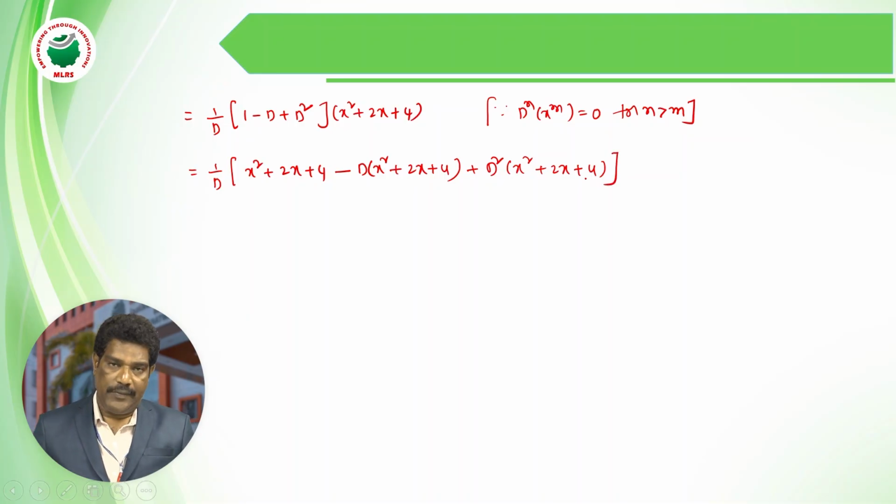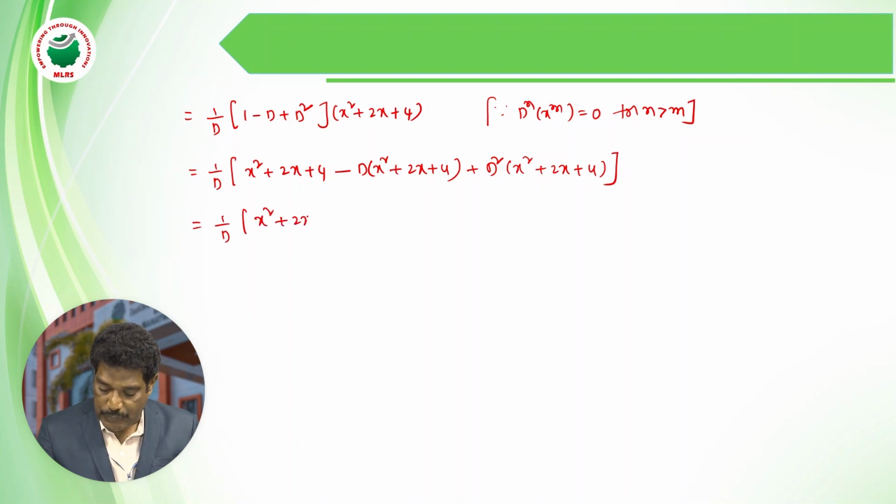Now calculate the derivatives. 1 by D into x square plus 2x plus 4 minus, what is the derivative of x square? 2x, plus the derivative of 2x, 2, and the derivative of 4 becomes 0.